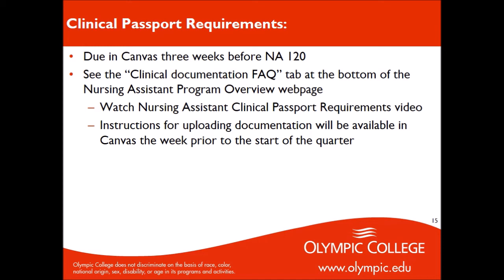And in that tab will be a copy of the clinical passport requirements, as well as a video to explain all of the documentation requirements you'll need in order to attend NA 120. These clinical passport requirements are due in Canvas 3 weeks before the start of your NA 120 course. Instructions for uploading documentation will be available in Canvas in a separate course from those you are enrolled in for our program the week prior to the start of the quarter.